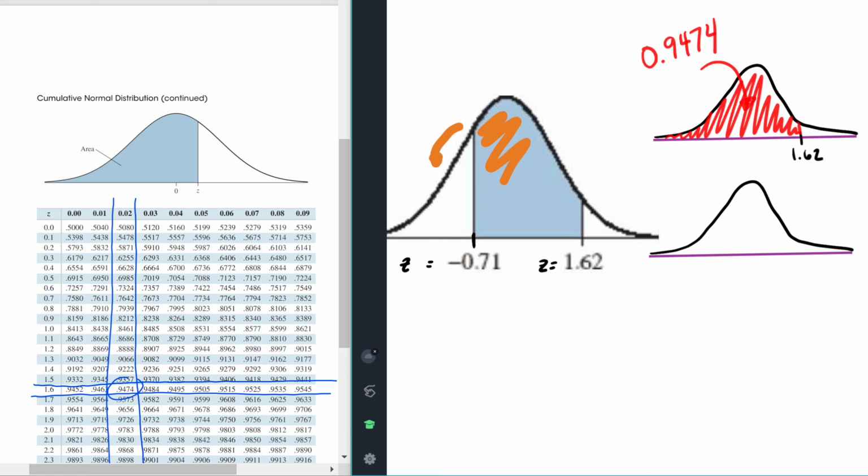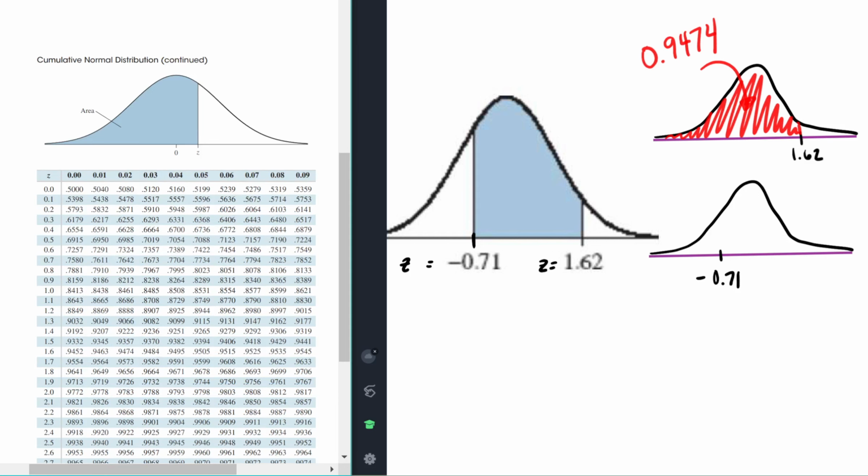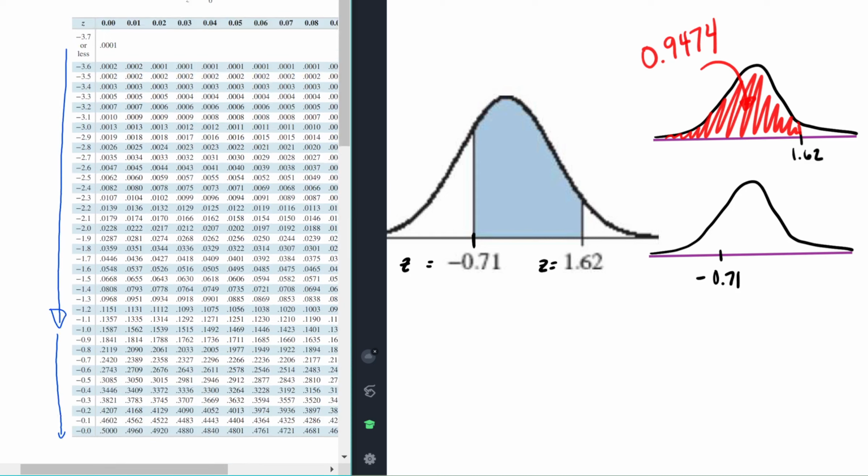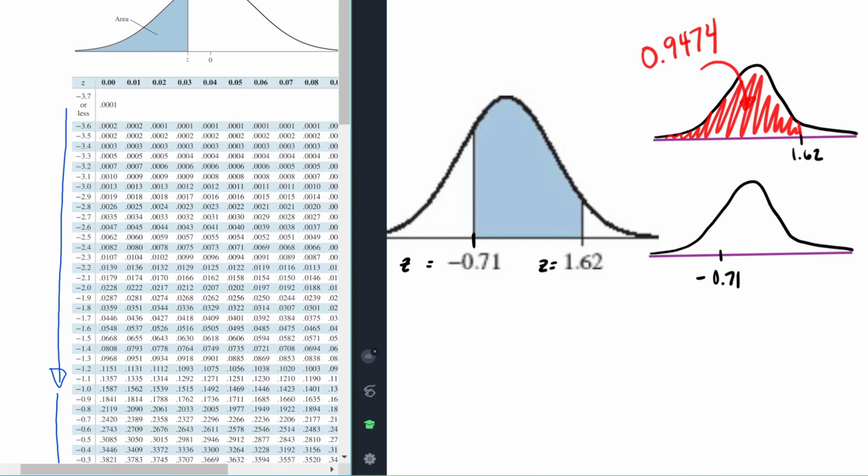So now let's find the z-score of negative 0.71 in the chart and then find the corresponding area. Again, I recommend you pause the video, find it in your own chart, unpause to check your work. So as this is a negative number, I'm currently on the positive part of the chart, so I'm going to have to scroll back. Here we've got the negative portion of the chart.